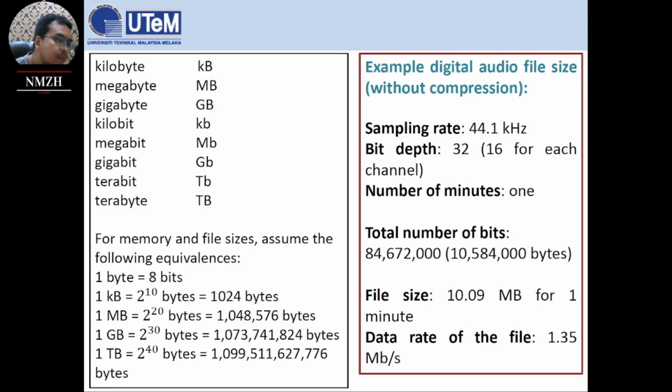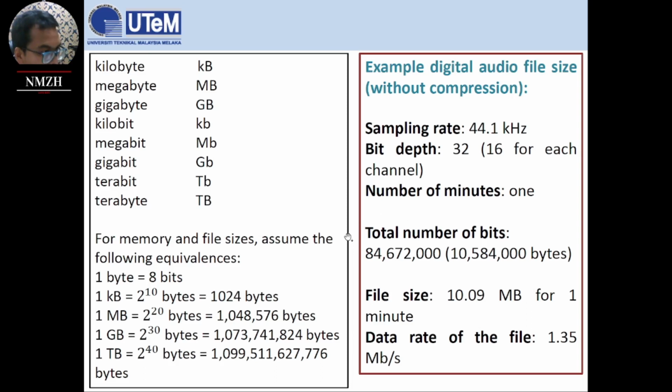For this reason, at first we need to have 44,100 sampling rate times 32. Then we again times 60, because 1 minute is 60 seconds. So 44,100 times 32 times 60. So we have 84,672,000 bits.